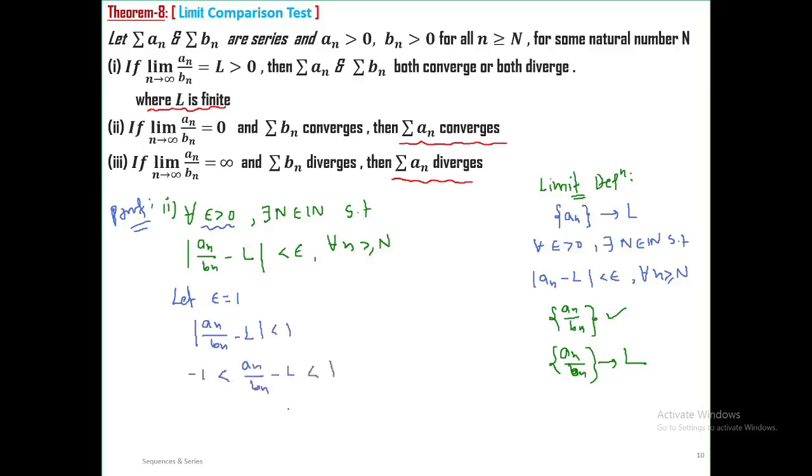Then simplify: add L on both sides. So L minus 1 less than an by bn less than L plus 1.